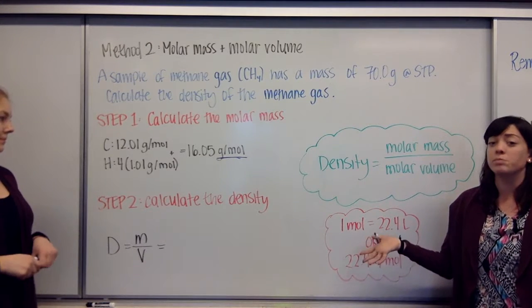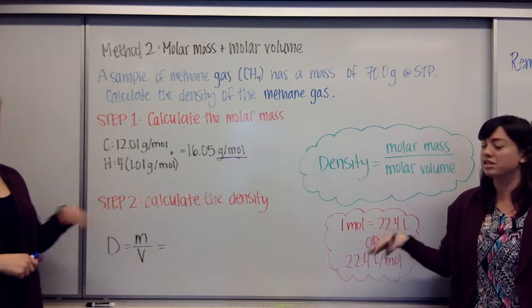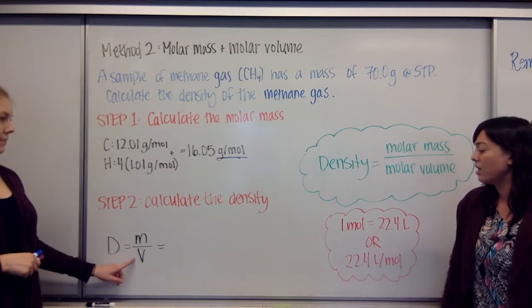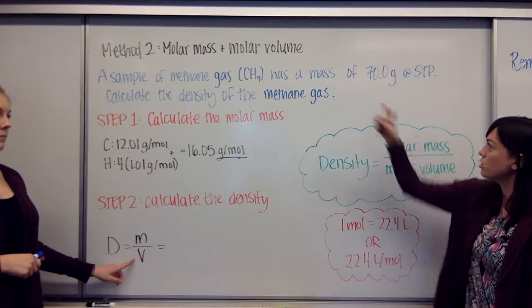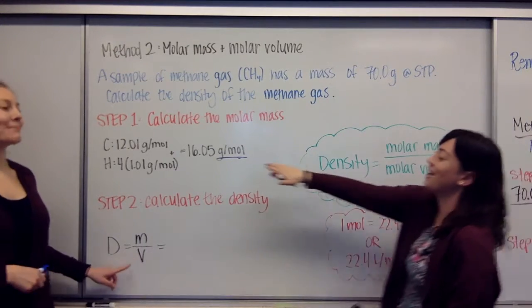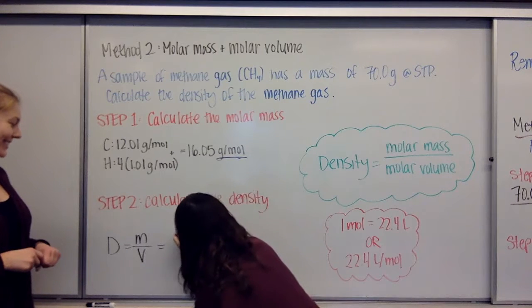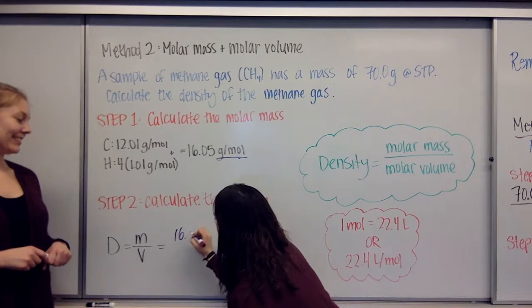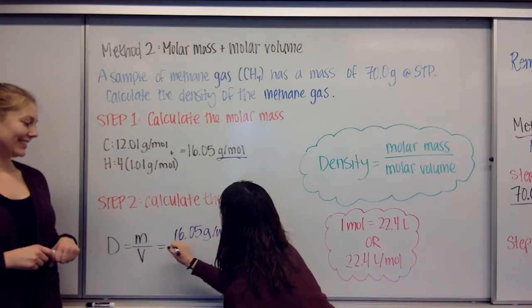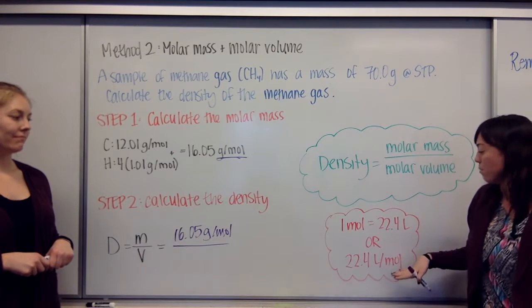The second step is pretty straightforward. Calculate the density. We use our density equals mass over volume, and then I plug in my molar mass, which I literally just calculated, grams per mole, and then I am going to use my molar volume.